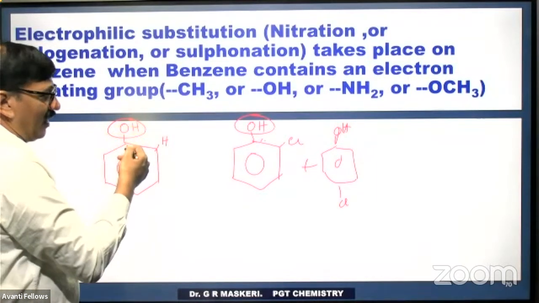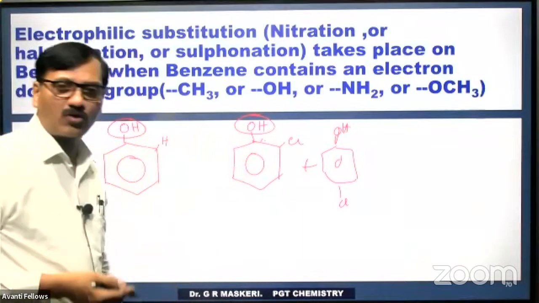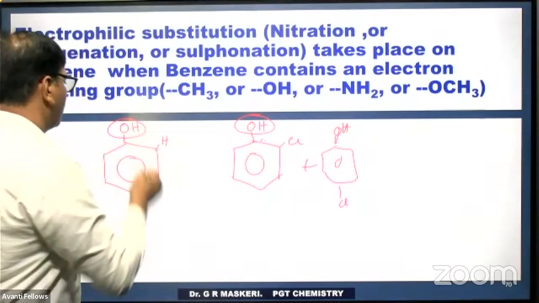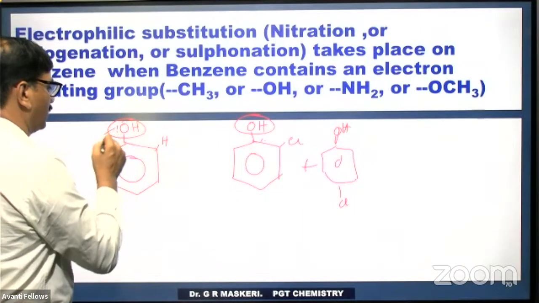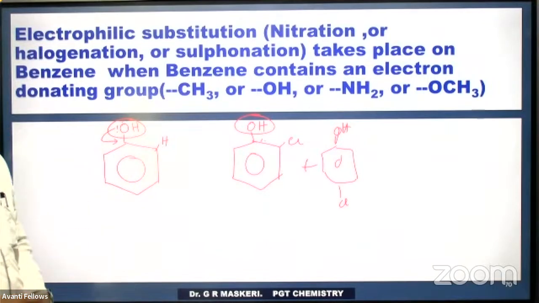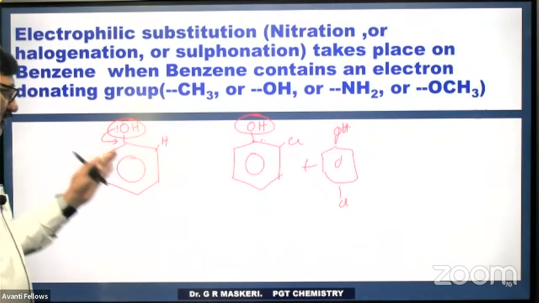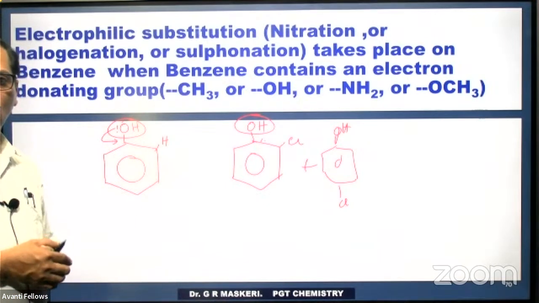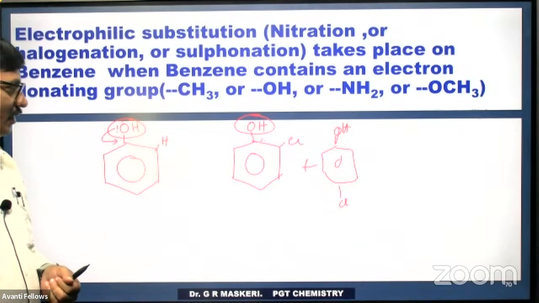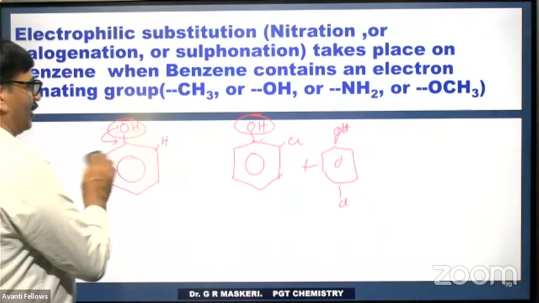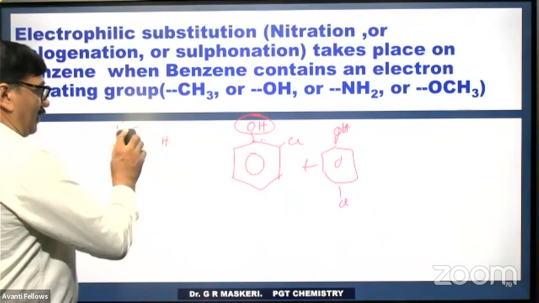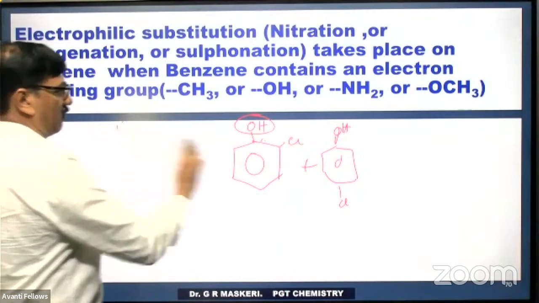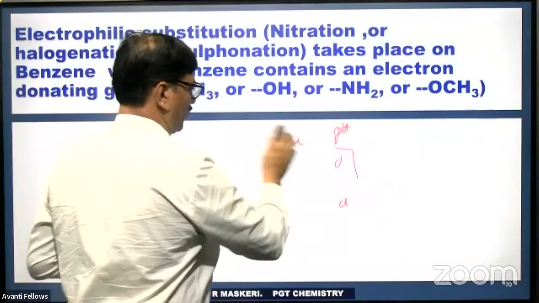Whenever these groups are there, they activate the benzene ring at ortho and para positions because of the plus R effect. This lone pair can be donated in the conjugation system, and this kind of donation leads to electron-rich carbons at ortho and para positions, right? I have shown you how to write the resonating structures, right?